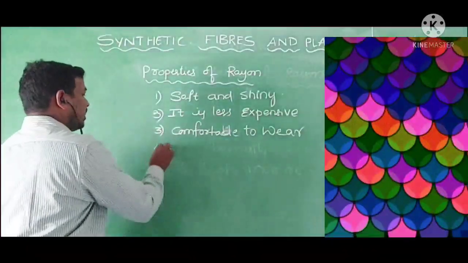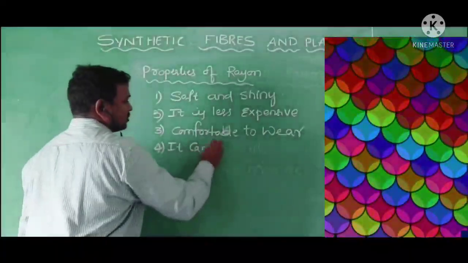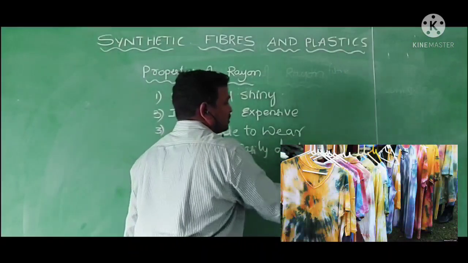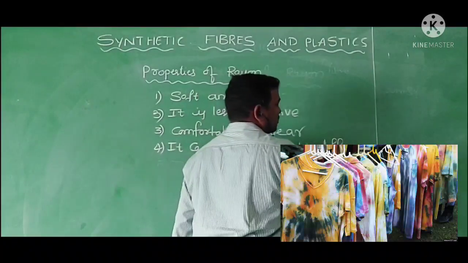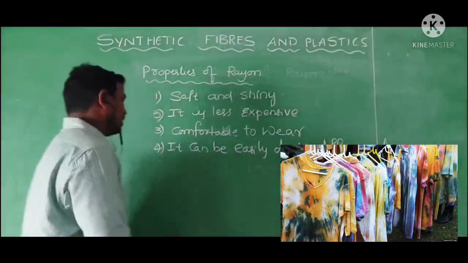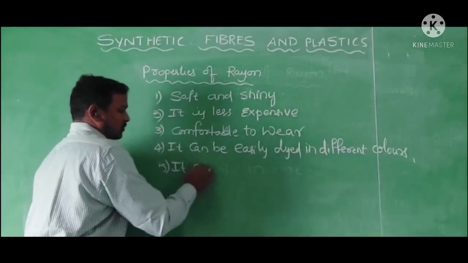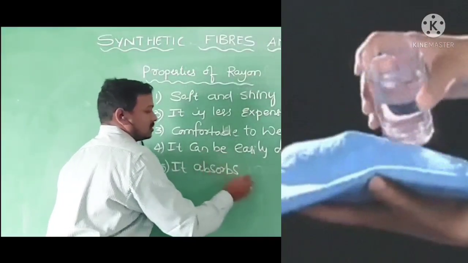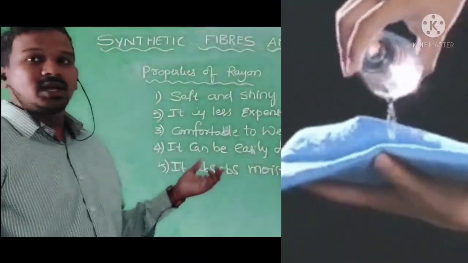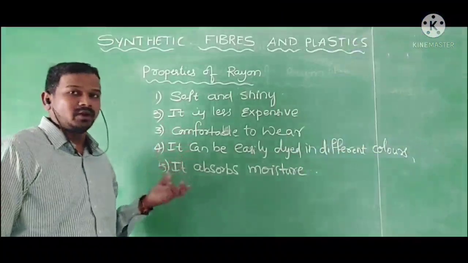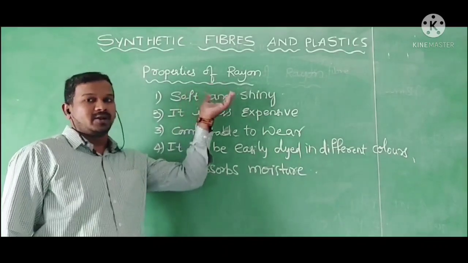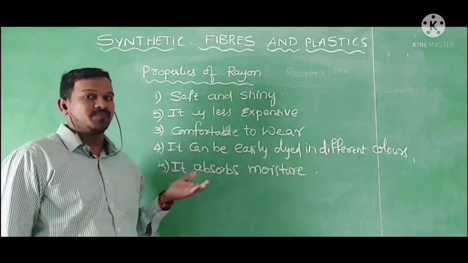And fourth, it can be easily dyed in different colors. And it absorbs moisture also. So these are the characteristics of rayon. With these characteristics we use rayon fabric to manufacture clothes.